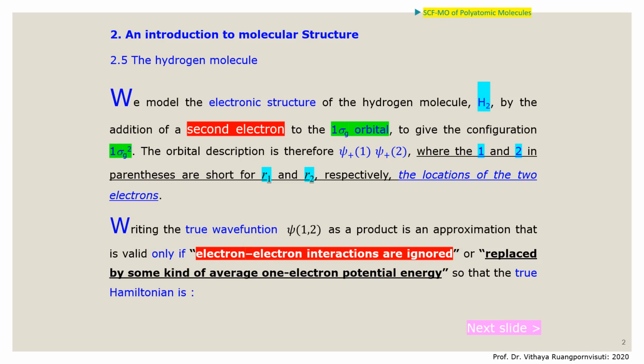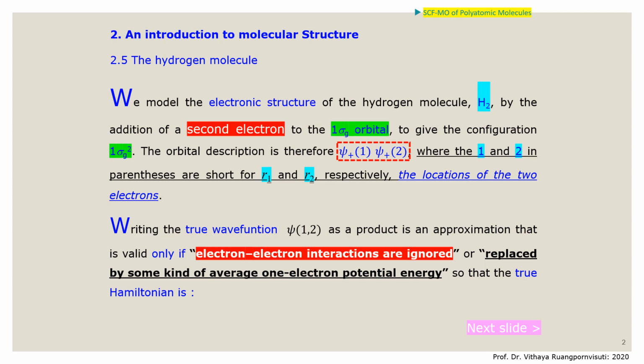The hydrogen molecule. We model the electronic structure of the hydrogen molecule H2 by the addition of a second electron to the 1 sigma g orbital of the hydrogen molecule ion to give the configuration of 1 sigma g squared.